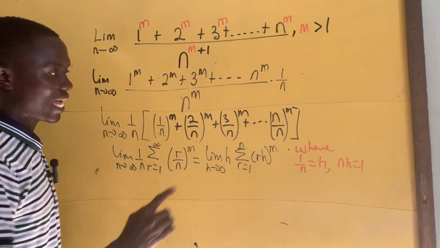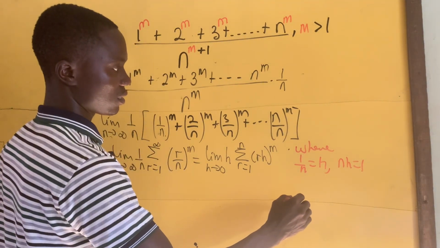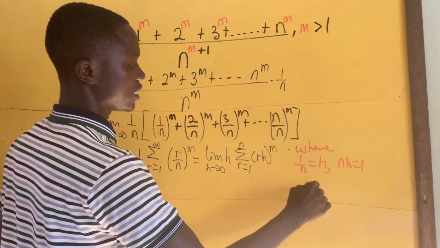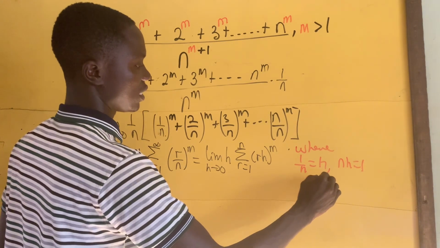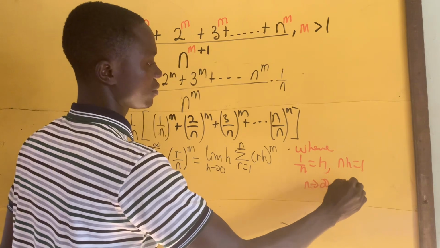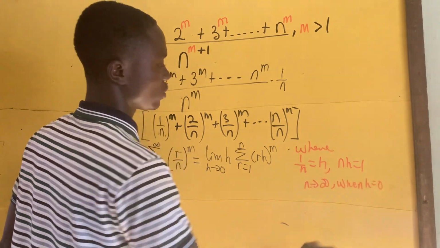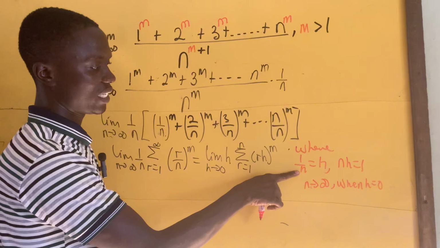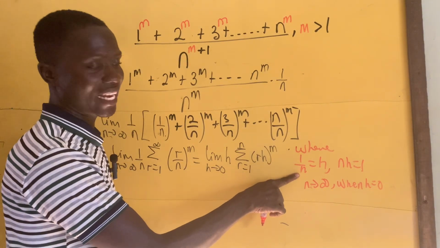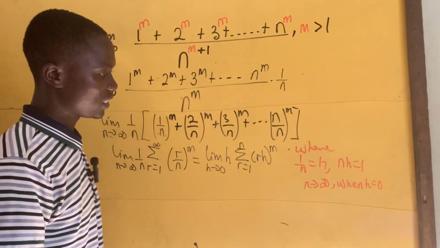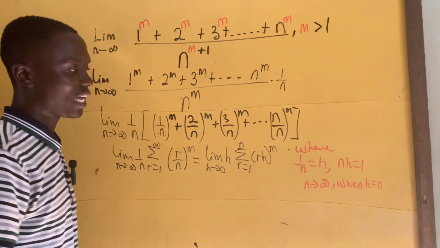And as n approaches infinity, 1 over a large number will give h to be 0. So that's why we have what we have here.